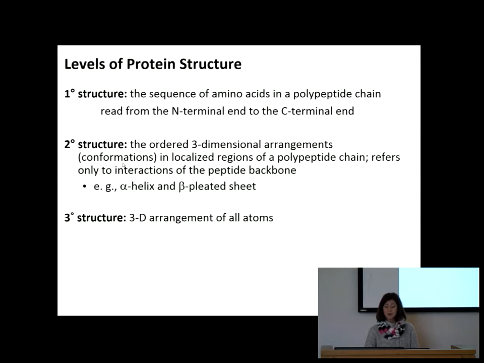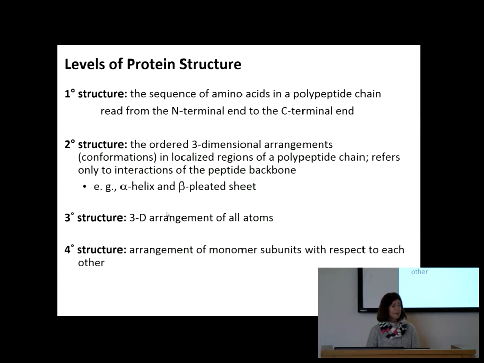So how are we going to fold up the secondary structure and the primary structure in order to get that active protein? We're going to talk about our intermolecular forces that are going to be bringing those amino acid side chains together in order to have this three-dimensional structure. If we have more than one subunit, like our C-reactive protein, which is a pentamer, those subunits, those independent chains, are going to interact and form a quaternary structure.